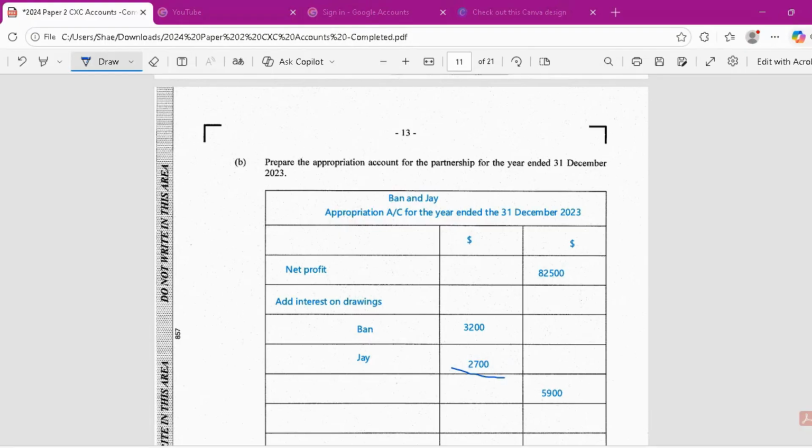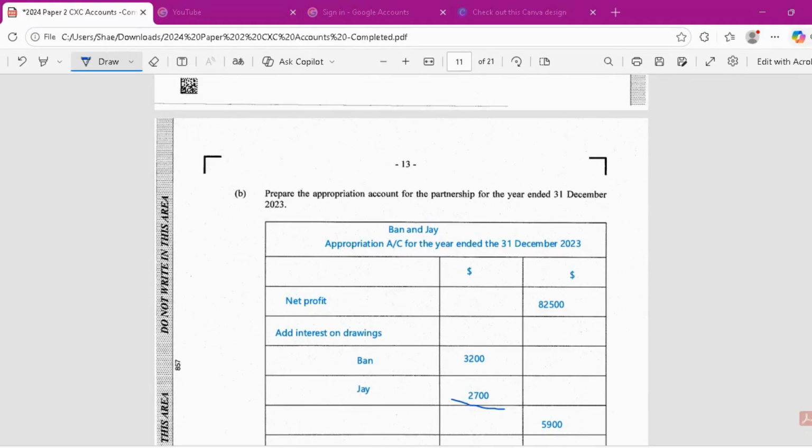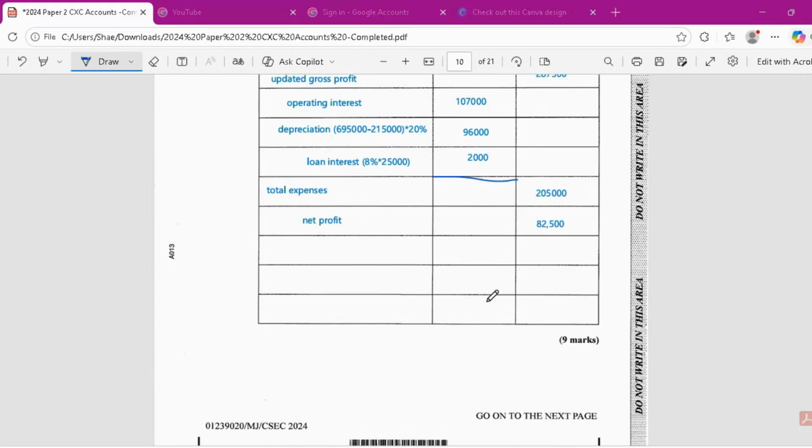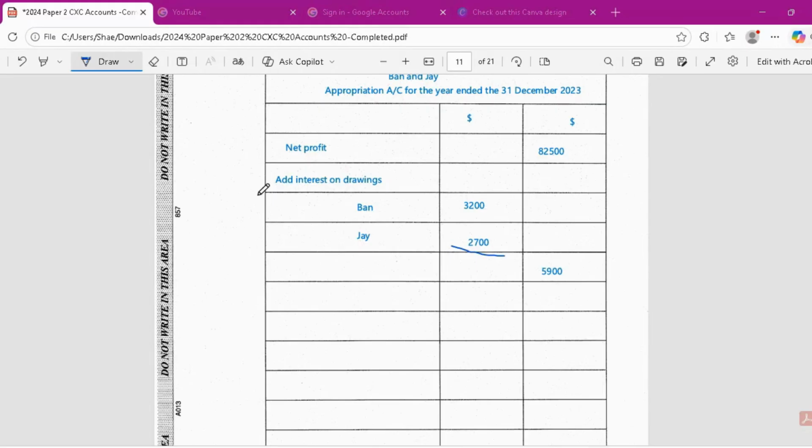Now you're going to look for the other things that you need to share. So we also need partnership salary and we will need interest on capital. So you can just pick up these three figures that we're going to need because we need to list those. So you will now say less.